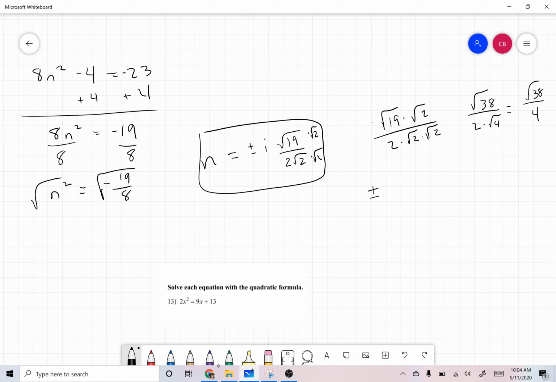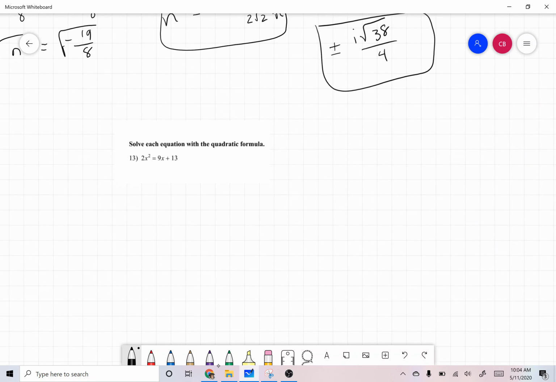So they have plus or minus square root 38 over 4, and they obviously have the i there. So two different answers, plus or minus of that. Just be careful. If you do it and you don't get that same answer, see if you can rationalize the denominator by getting rid of the square roots on the bottom, and that'll help you make sure that you have the same answer as the worksheet.